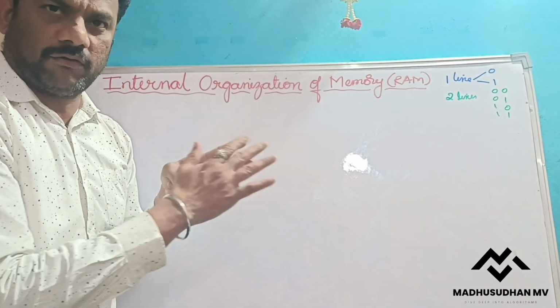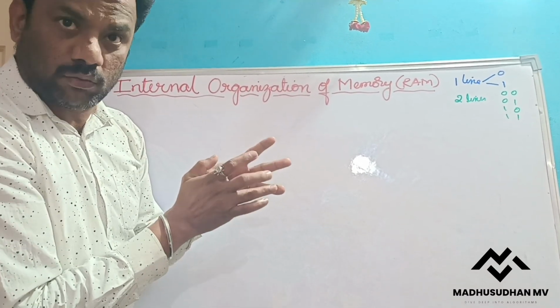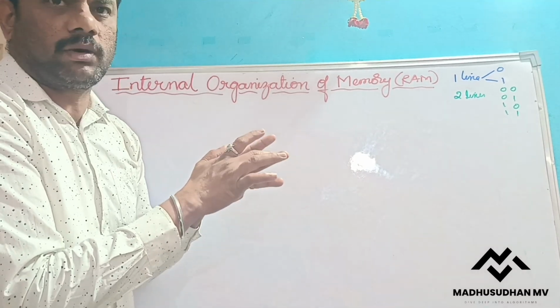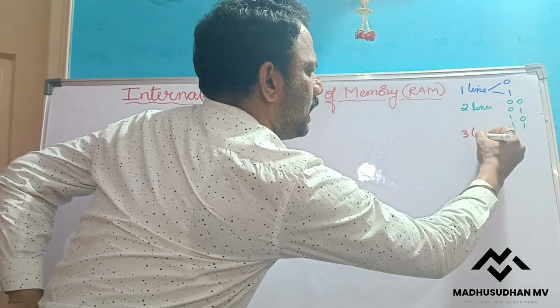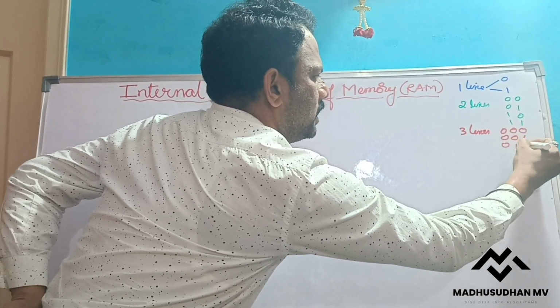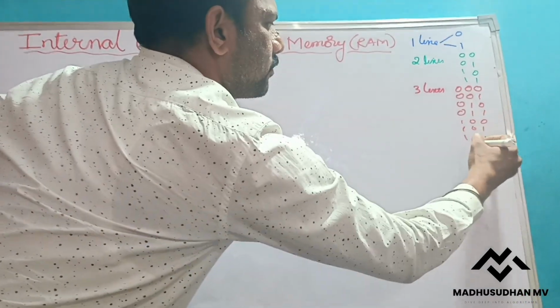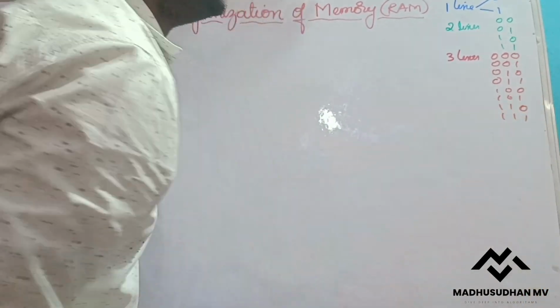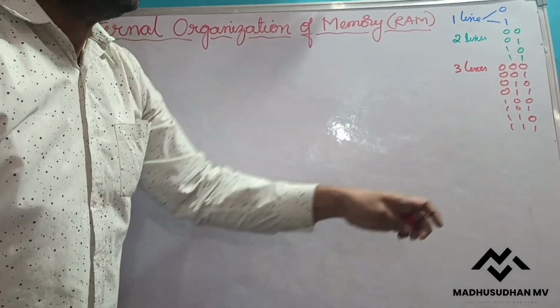Similarly, if I have 3 wires, I can pass 0, 0, 0, or 0, 0, 1, and so on. So with 3 lines, I am having 8 combinations. This already you are familiar with from the truth table. These are the 3 lines, 8 combinations.